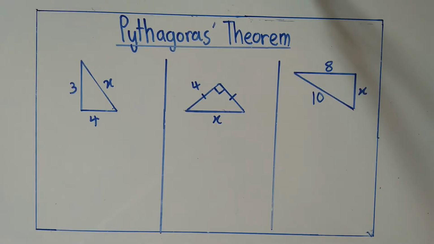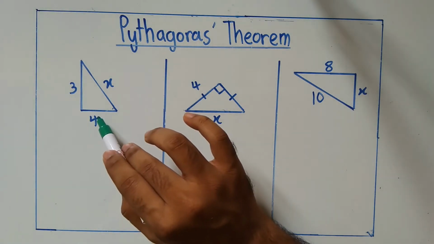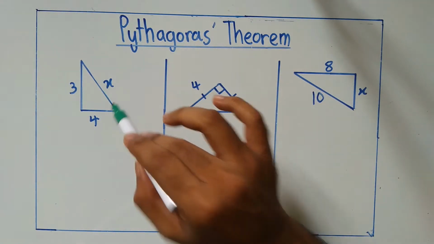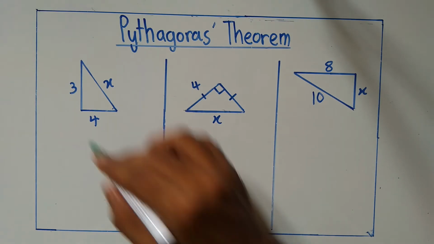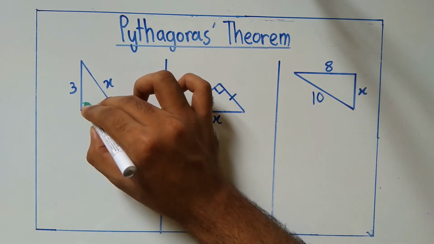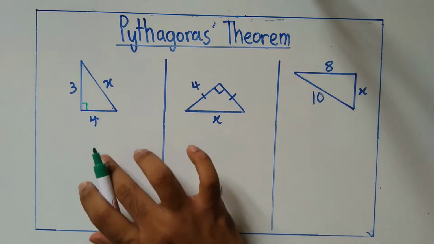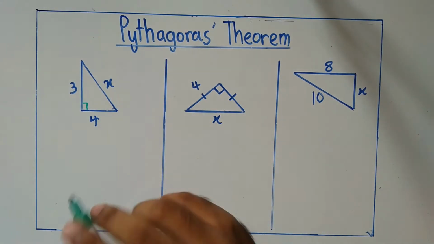In the first example, we have 3 and 4 and x. 3 and 4 are right-angled sides, and we use the Pythagoras theorem to solve for x.